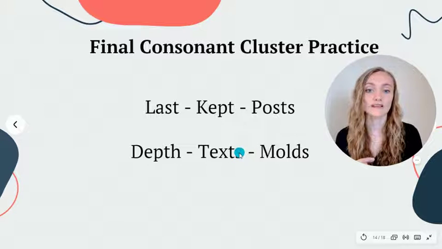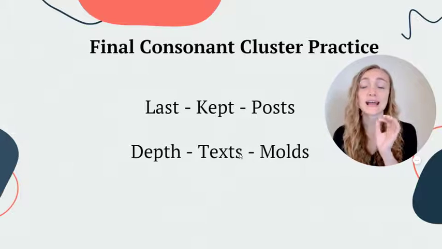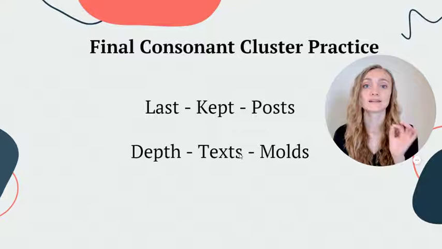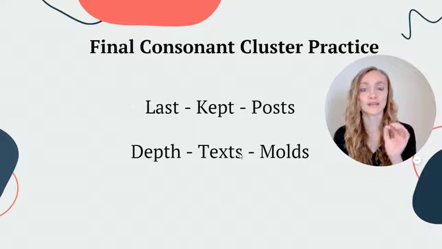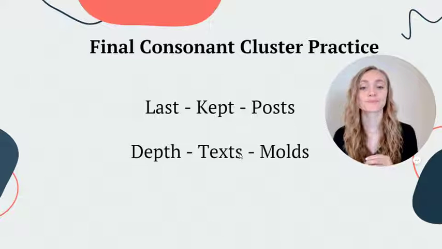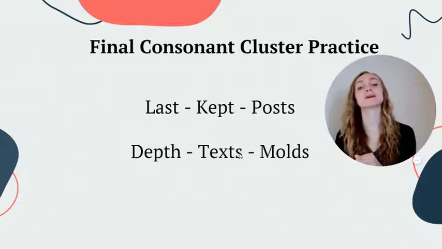Imagine the S isn't there to practice if this is really hard with the S. You can also practice with just the word text, text, kust, kust. And then we can put the S on the end when you feel like you are able to challenge yourself more. Texts, texts. Okay, great job. That's a tricky one. We're going to keep practicing with that one.